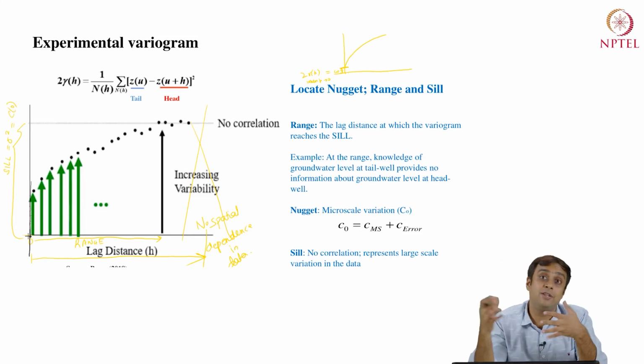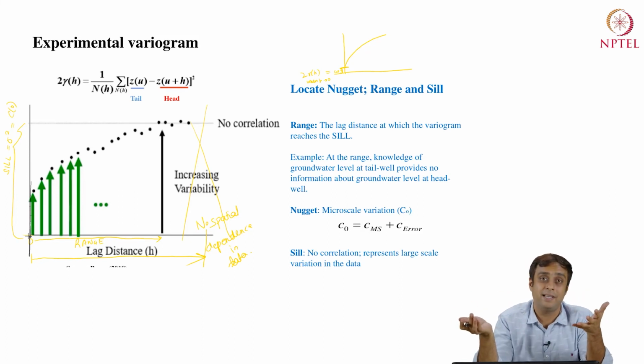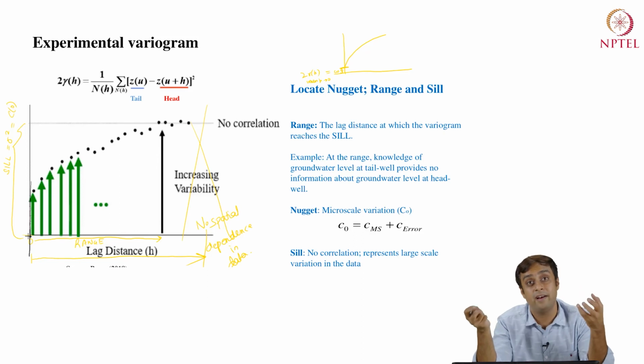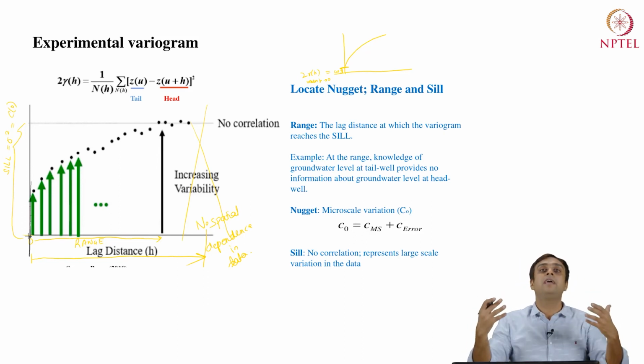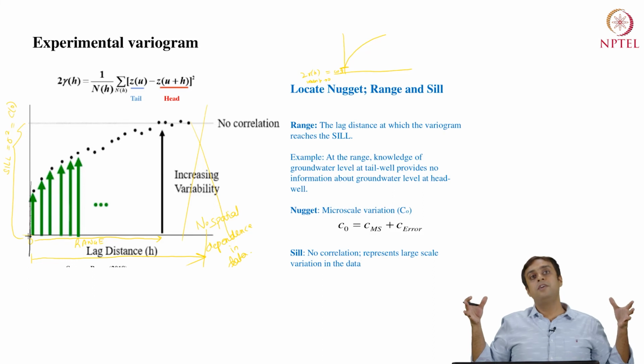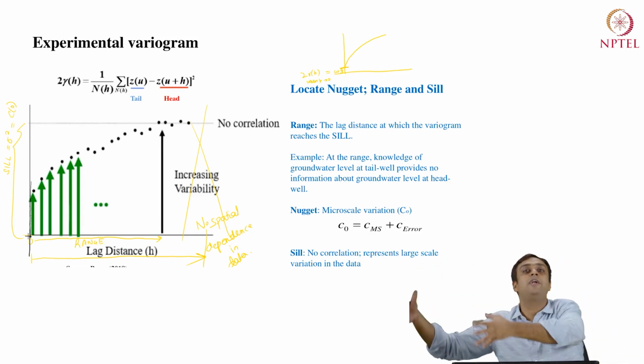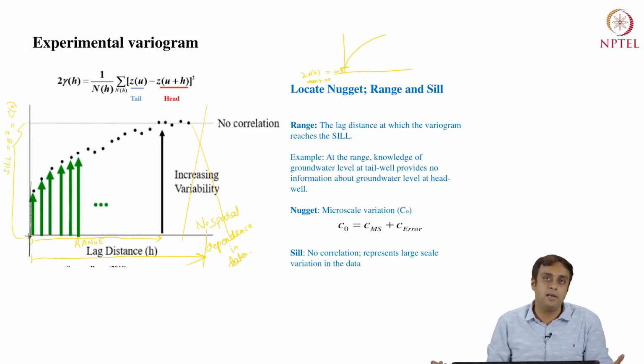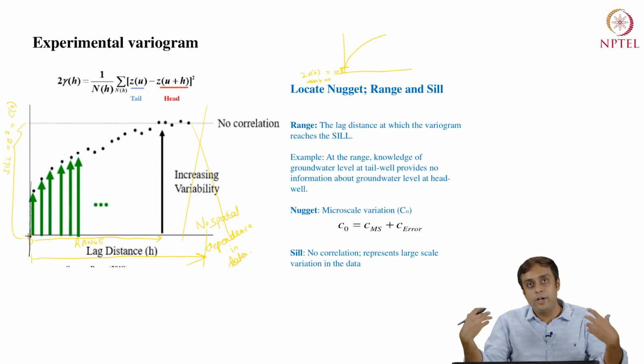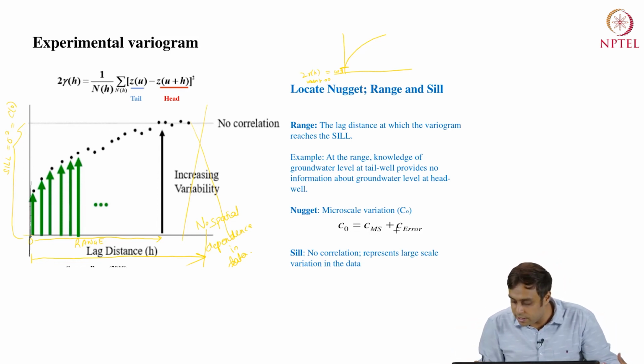Now, we said that usually we do not have these, or we can't realistically collect data. If we are digging a large enough monitoring well for groundwater, we are doing it at a location where you will never see a well right beside it. It's nonsensical really, right? So, what we do is we consider this C0 to be composed of a measurement error and a white noise representation of it.